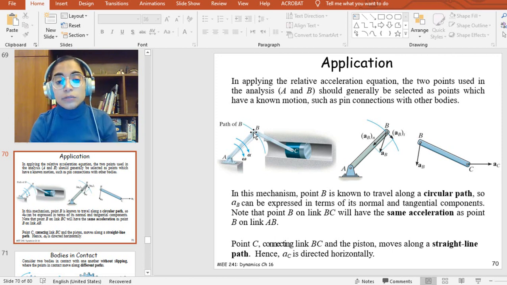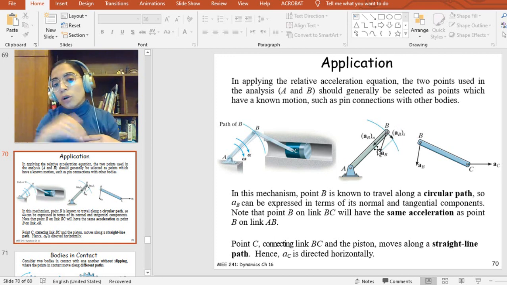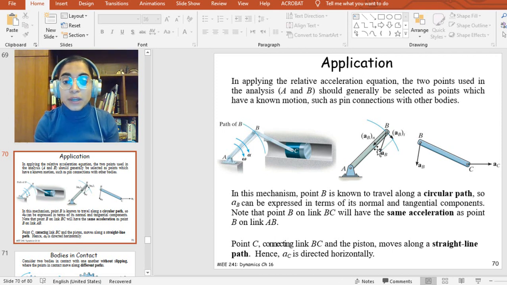AB will be equal to AA plus alpha cross RB with respect to A minus omega squared RB with respect to A. So this means that B has two components, AB tangential and AB normal. AB normal will always be directed in the negative direction of the position of B with respect to A, so it is towards the center of rotation.